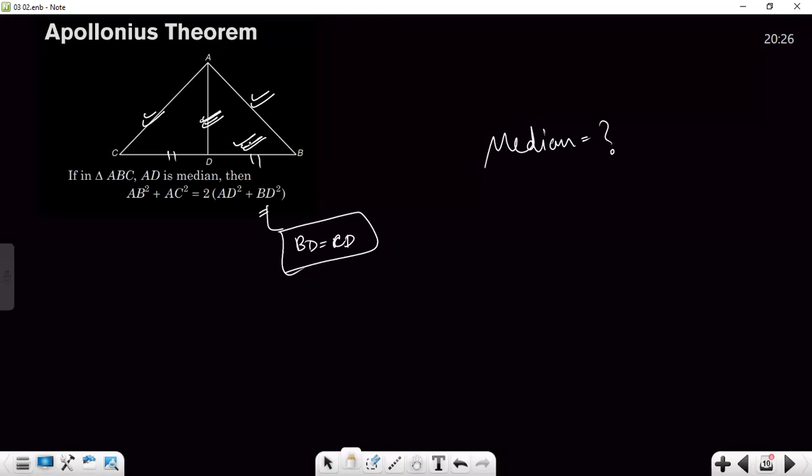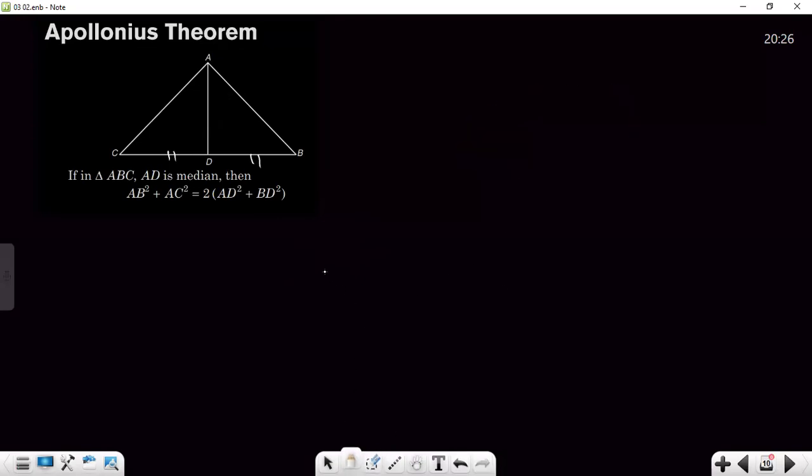AD square plus BD square, its whole twice is equivalent to the sum of these two. Any doubts? No, sir. As AD is a median here, CD is equal to DB.